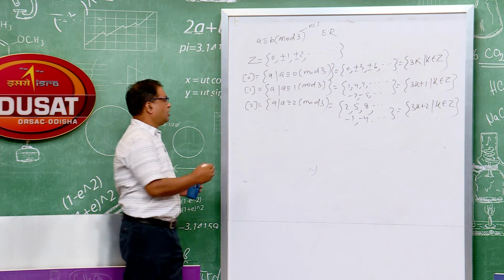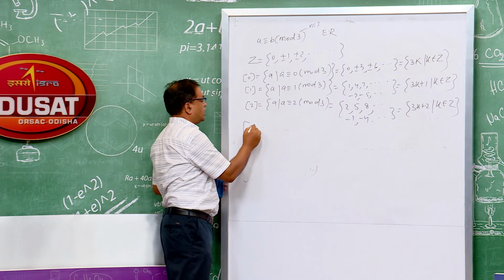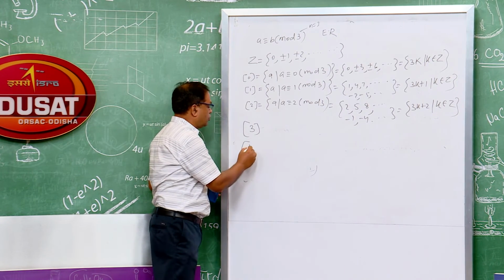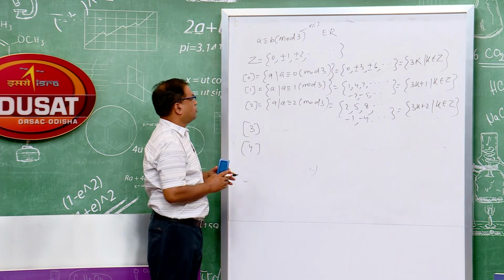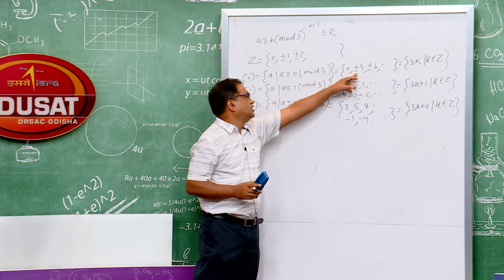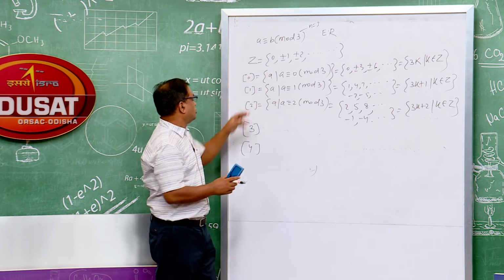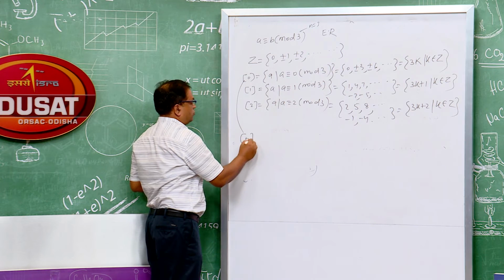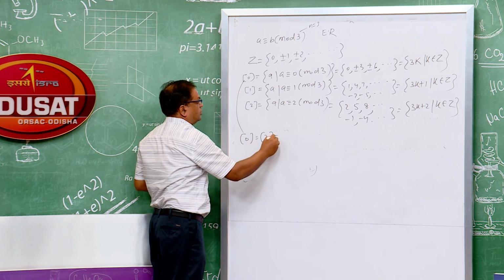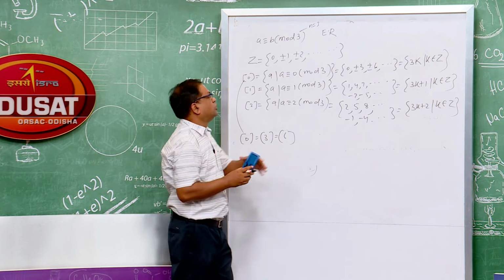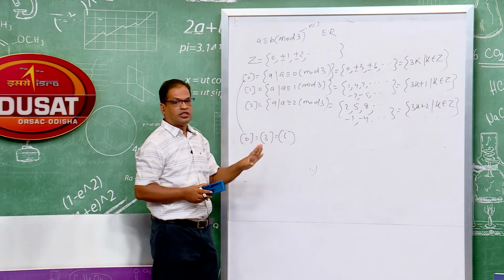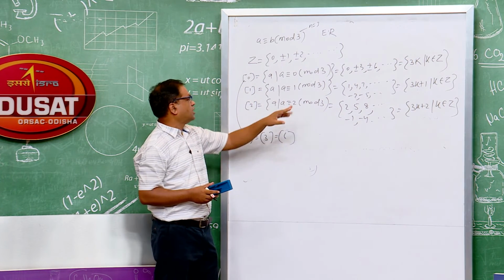You may also think, why not we calculate the equivalence class of 3? Why not the equivalence class of 4? The equivalence class of 3, automatically 3 is a member of the equivalence class. So, the equivalence class of 0 is equal to that of 3, equal to that of 6, because all are members of this equivalence class.